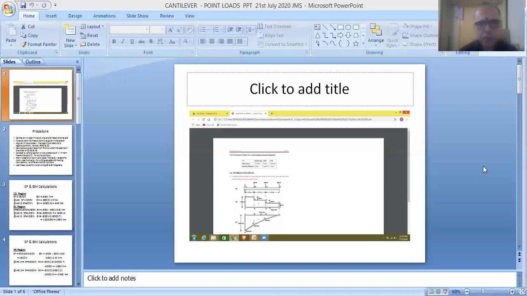Similarly, if a beam is fixed at both the ends, it is called a fixed beam. If a beam is supported at both the ends, it is called a simply supported beam.